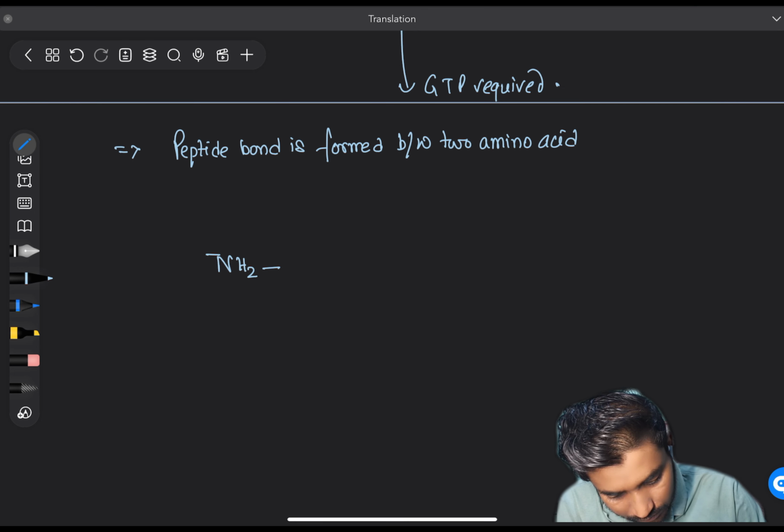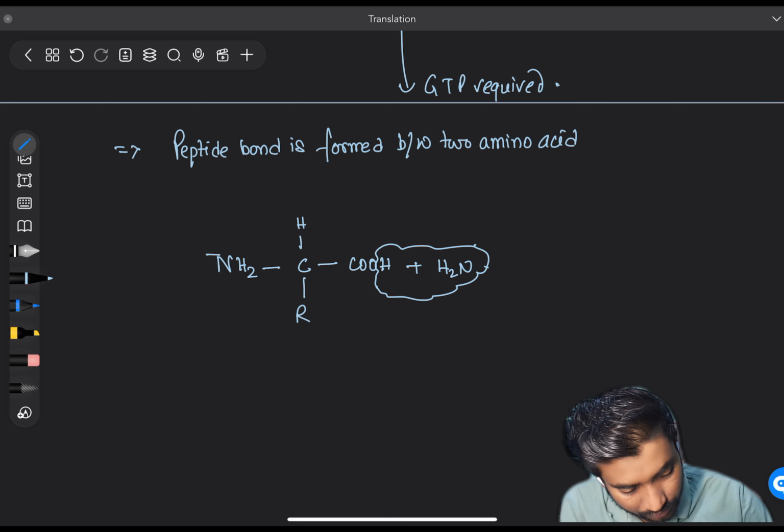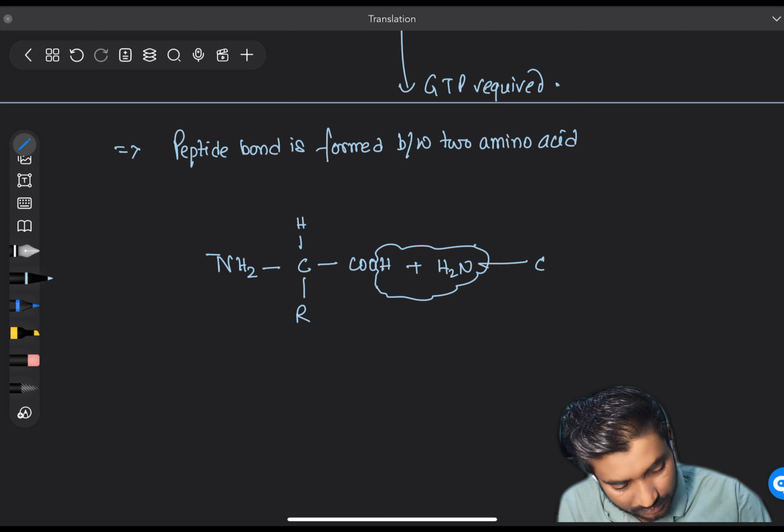NH2, and this is the carboxyl group. It reacts with the amine group. C, single bond H. It can be an ethyl group.